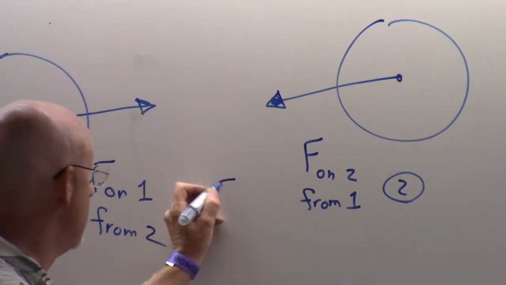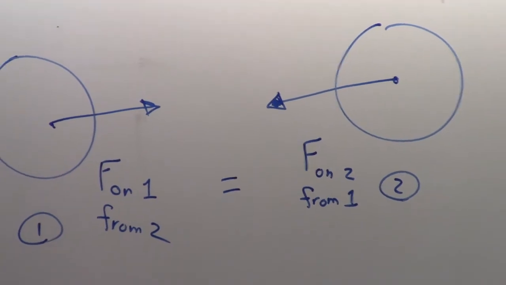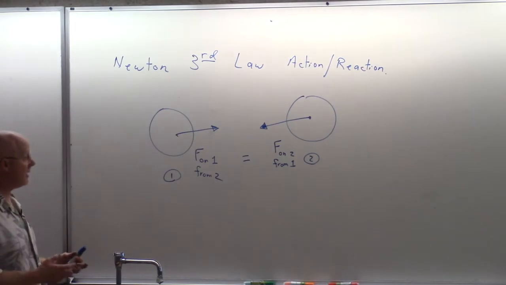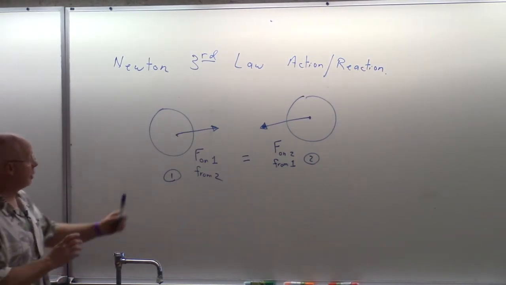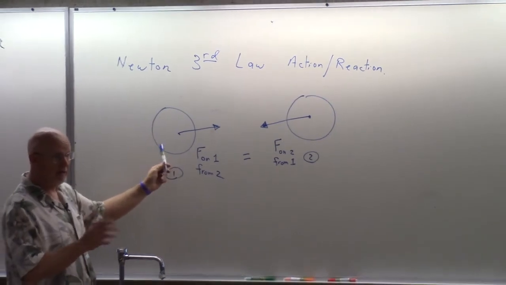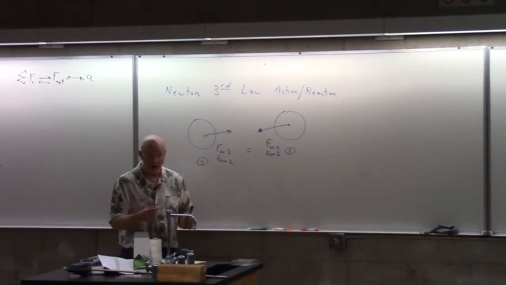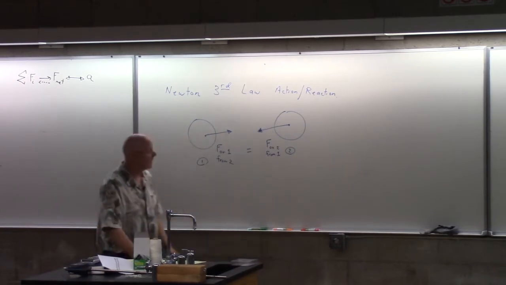And those are equal in magnitude but opposite in direction. Why that is important is that when we start working with an interaction, we only have to know one of these two, and then we know the other one. They are the action and reaction.